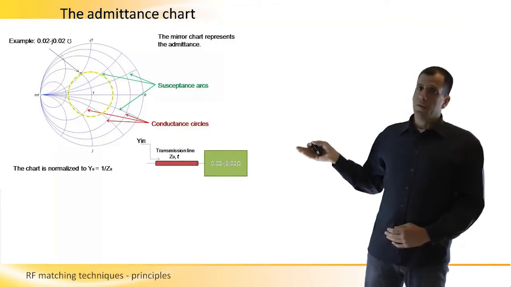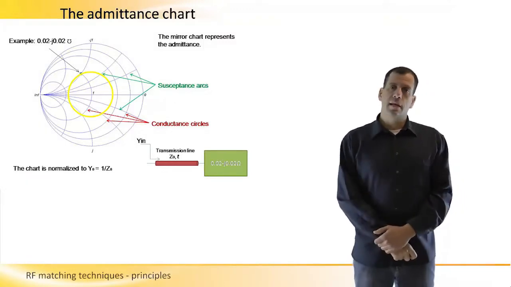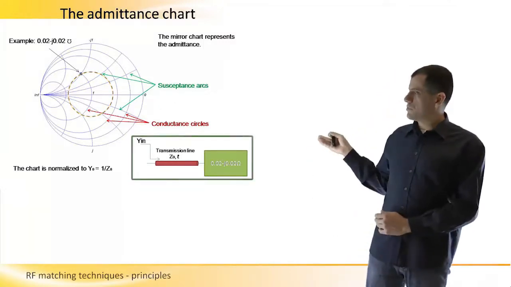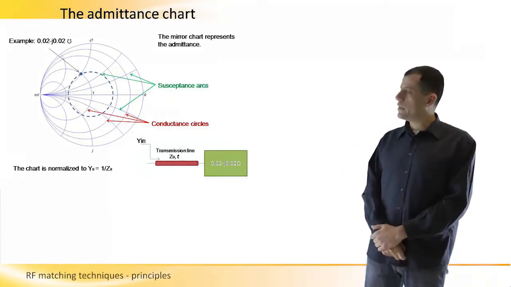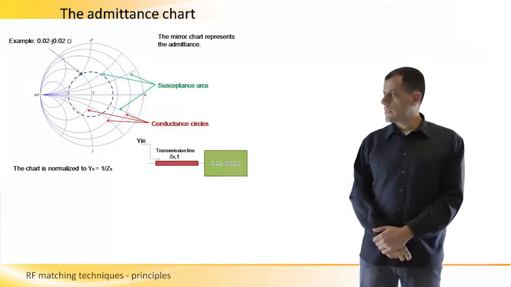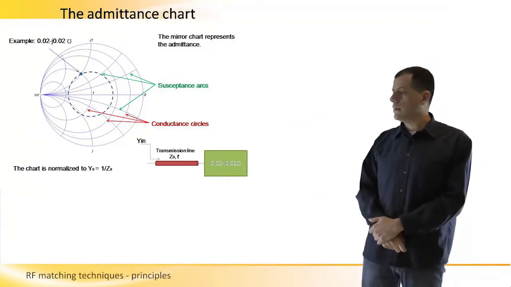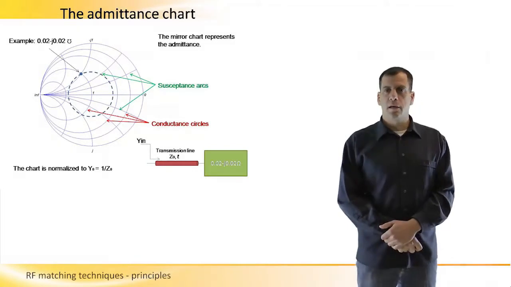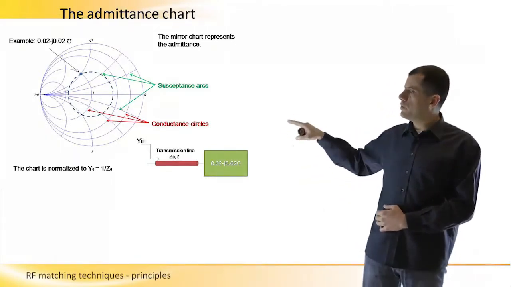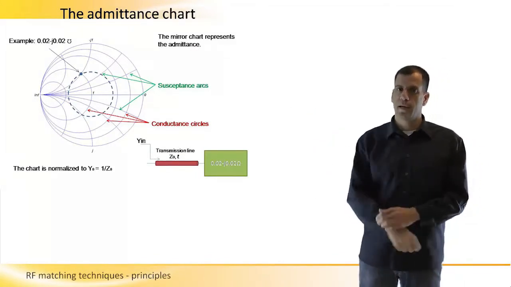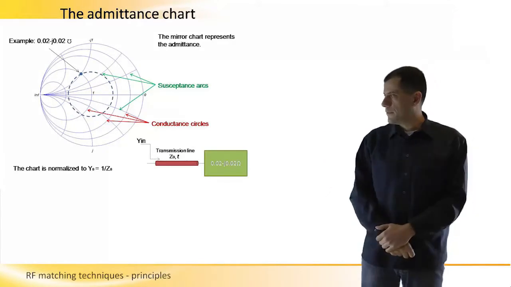If we travel around the center of the Smith chart, this is the same as before, as if we connected a transmission line at the terminals of our system. The same movement clockwise along this dashed line will be measured if we add a transmission line, and the longer the transmission line becomes, the more movement we will make along the dashed line with our admittance that is marked here.